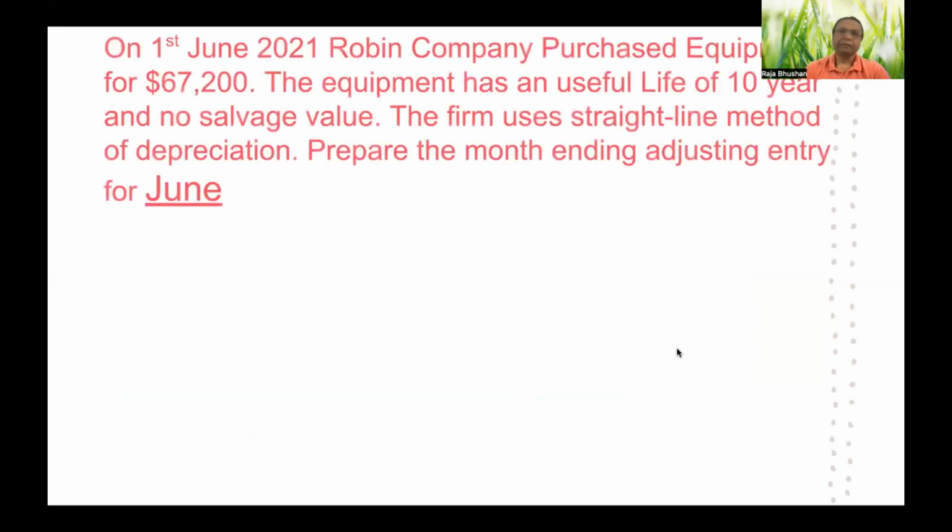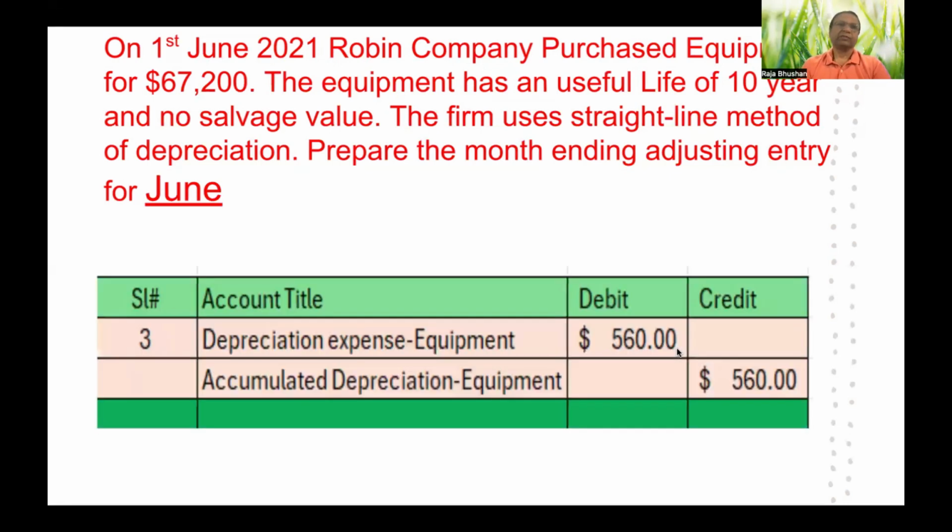Then the third entry would be equipment has been purchased and the value of the equipment is 67,200. What is the life of the asset? 10 years. There is no salvage value. That means how much is the depreciation expense for 1 month? To calculate depreciation expense, first we have to divide the cost of the equipment minus salvage value by the life, that is 67,200 minus 0 being salvage value, divided by the life, 10 years. That will give us 6,720.